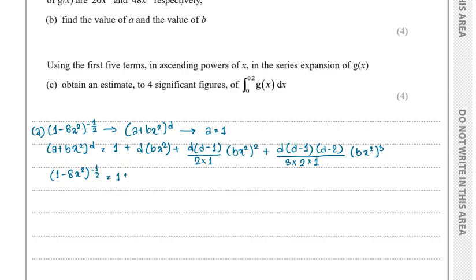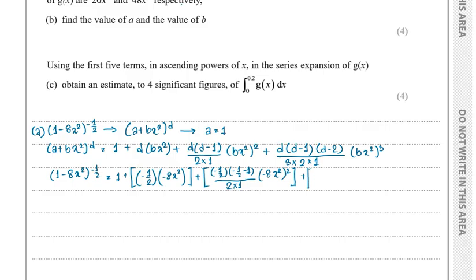This will be 1 plus d, which is minus half, times b, which is minus 8x squared, plus d, which is minus half, multiplied by (minus half minus 1) divided by 2 multiplied by 1, and b is (minus 8x squared) to the power 2.